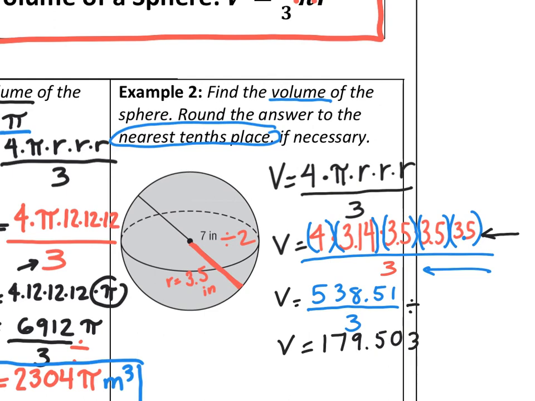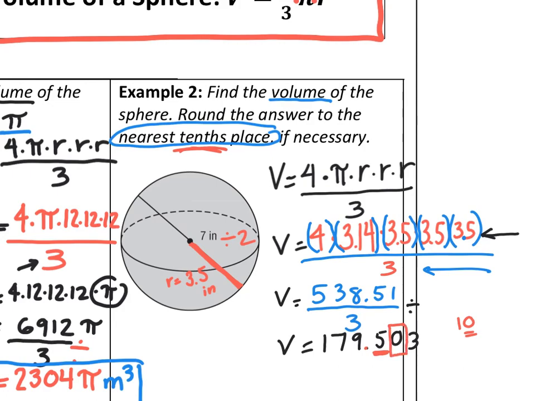And it says to round to the tenths place. So the tenths place, if I think of the number 10, I know there's a 1 and a 0. The tenths place is always one place after the decimal. So here's my decimal, and I have to round to here. So I look at this number.